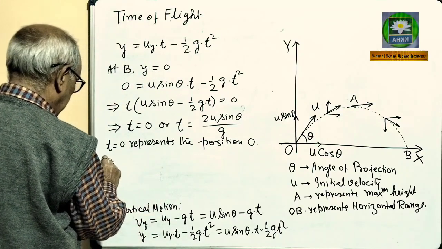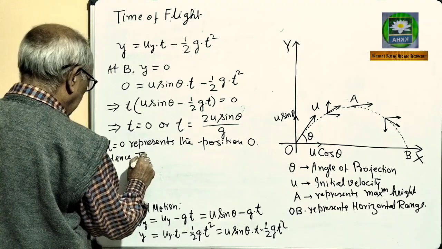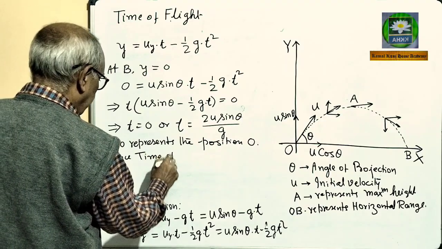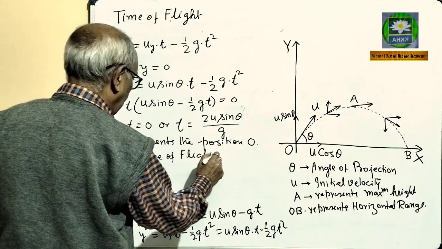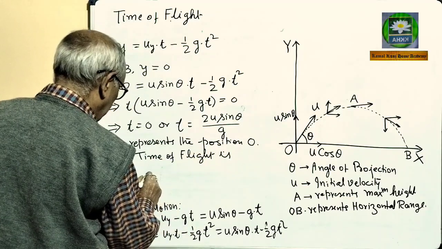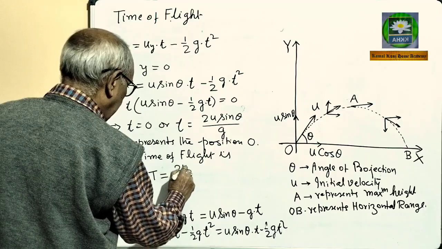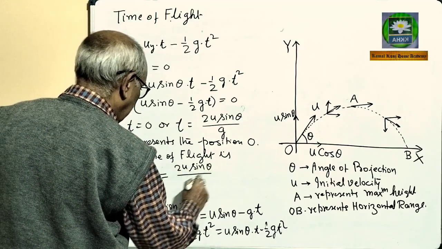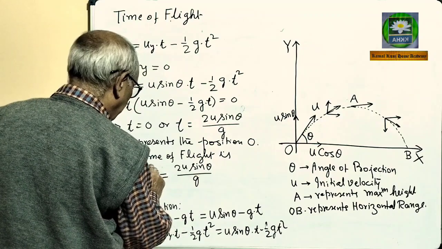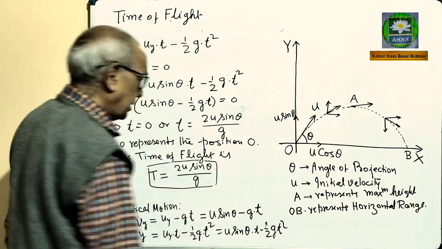Hence, time of flight is t equal to twice u sin theta upon g. This is the time of flight.